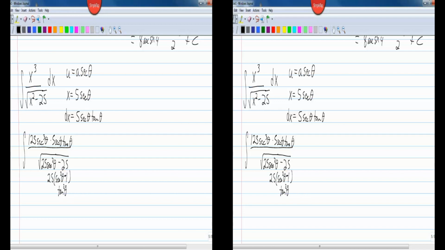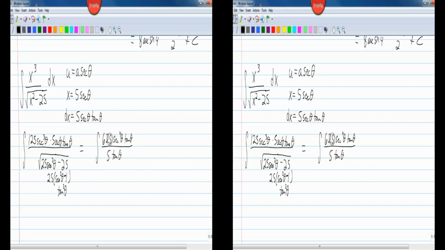That's just 5 tangent. Alright, so this is the integral of, now what is that? I said I was going to have a 5 tangent in the denominator, so that is going to cancel that 5 out, but I'll just write it up here first. That's 625, and that's going to be secant to the 4th theta tangent theta over 5 tangent theta.